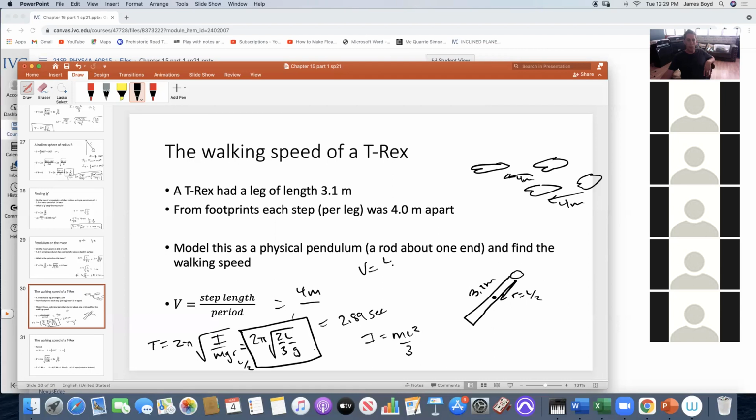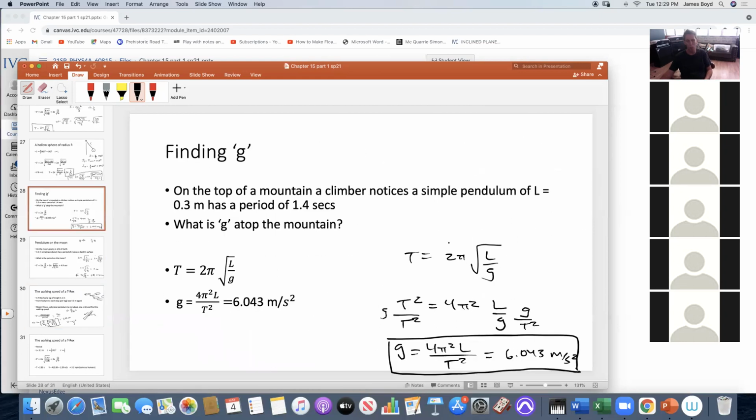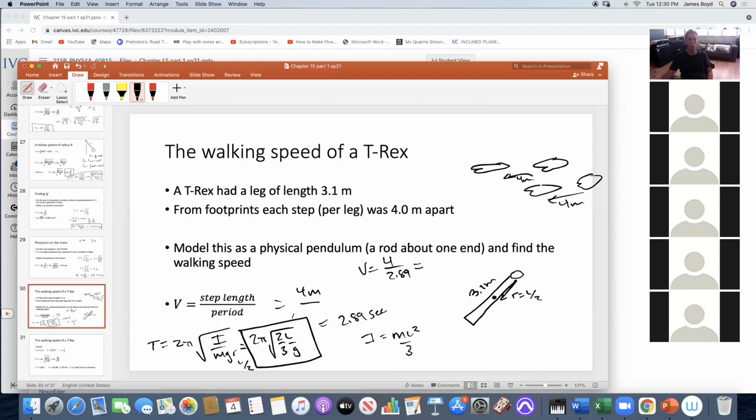So v would be 4 divided by 2.89, which is 1.39 meters per second. v is equal to 1.39 meters per second. Essentially, you multiply that by 2.1 and you get the miles per hour. So times 2.1 is about 2.9 miles per hour.